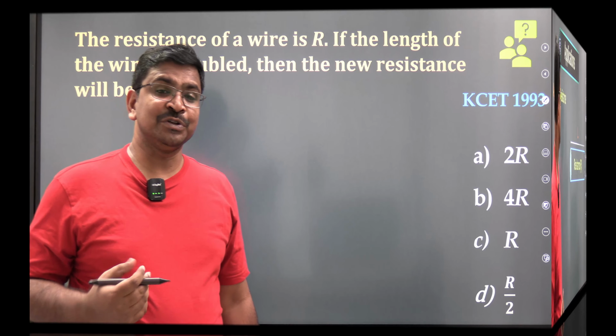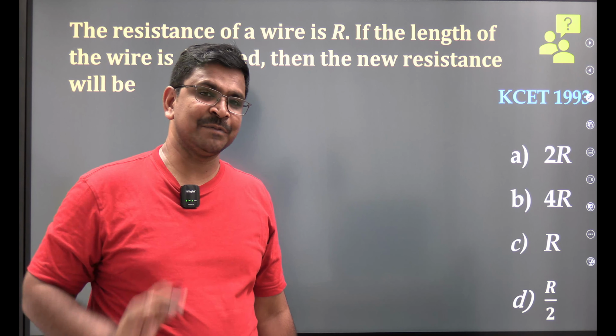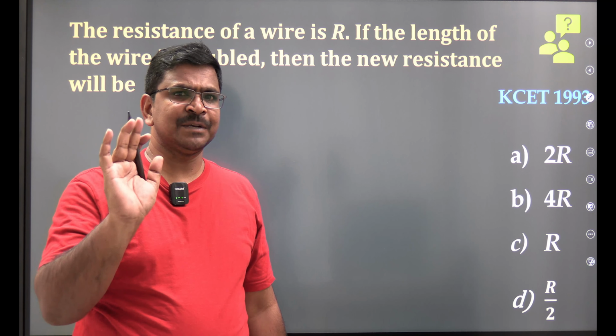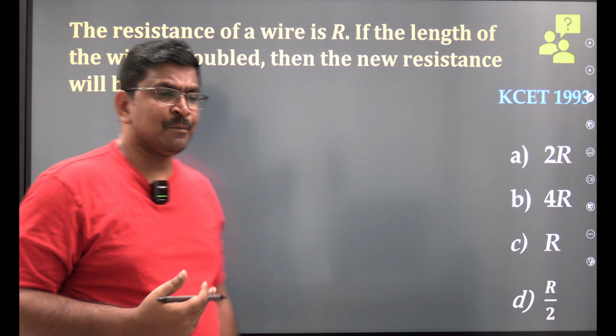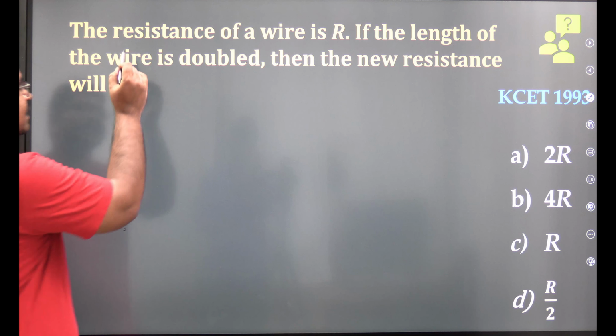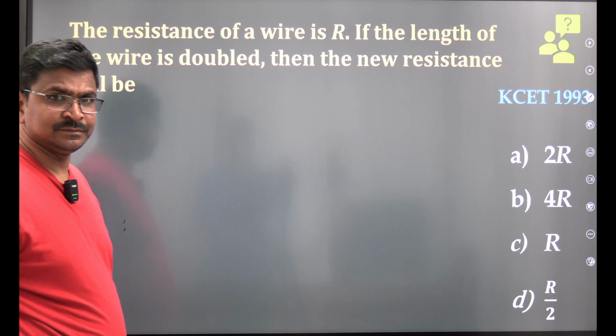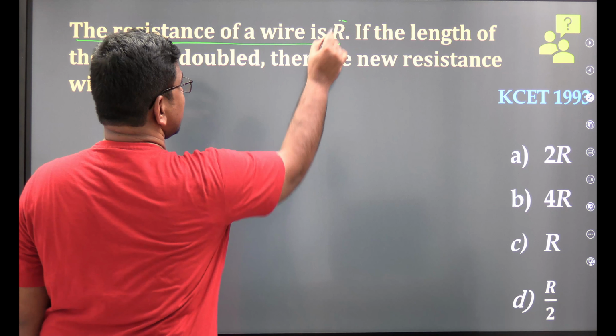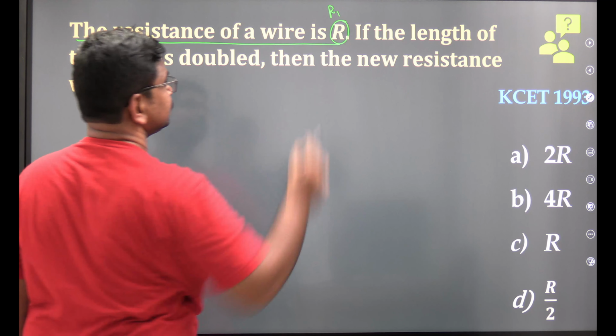Let us see how the questions were asked in the previous entrance examination. Just now you have understood the concept and application. Now let us see problem solving. Here the resistance of a wire is R. So this R is R1.